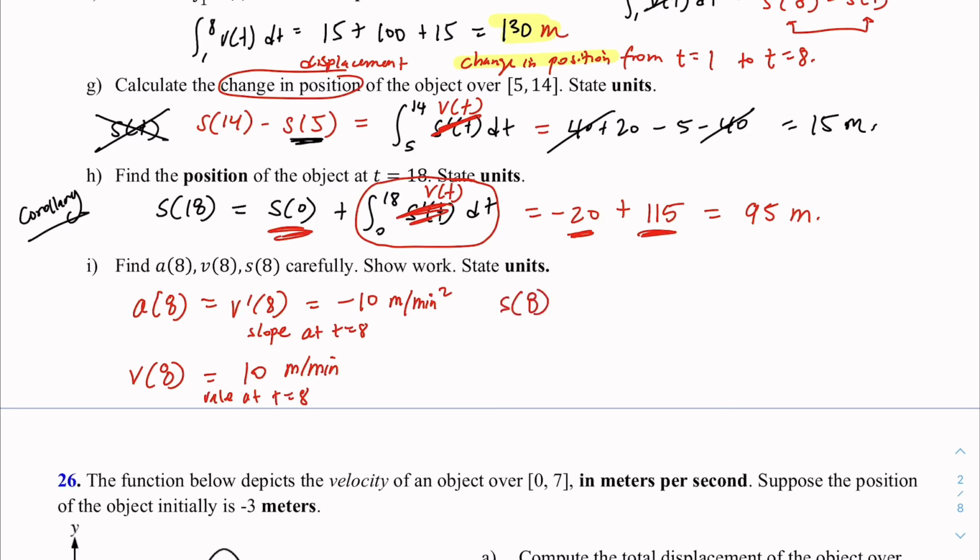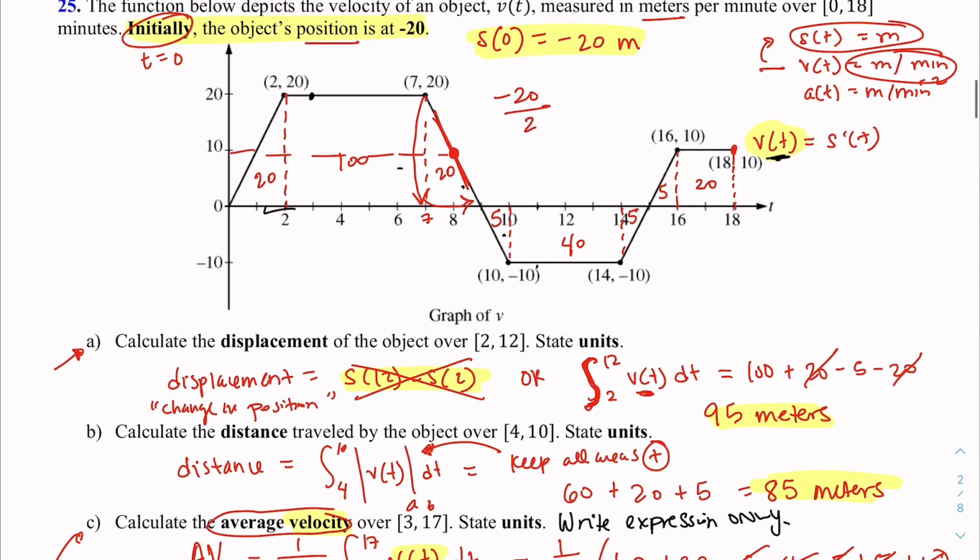Last, let's find s of 8. So we don't have an s of 8 or an s of t function, so we'll instead use our corollary. And since they gave us s of 0, we'll start with that. S of 0 plus the change from 0 to 8 of s prime of t dt, which is really v of t dt. Next step, plugging in s of 0 is negative 20 plus the change, or the area under the curve of v, which from 0 to 8, from 7 to 8, we calculated that trapezoid to be 15.